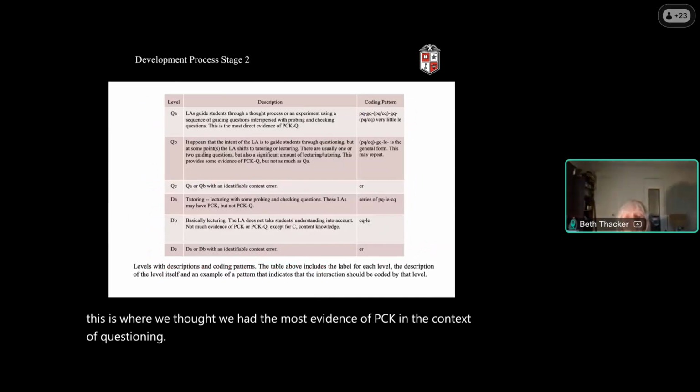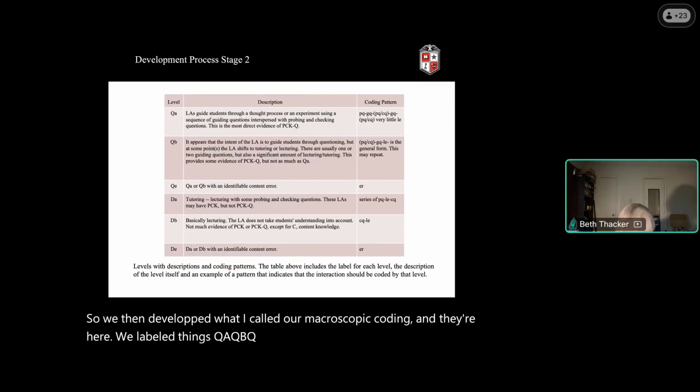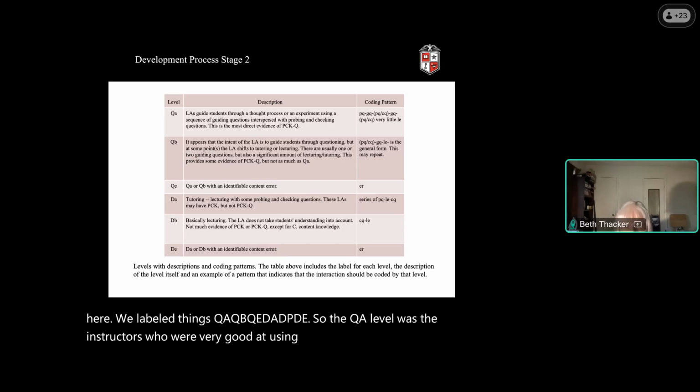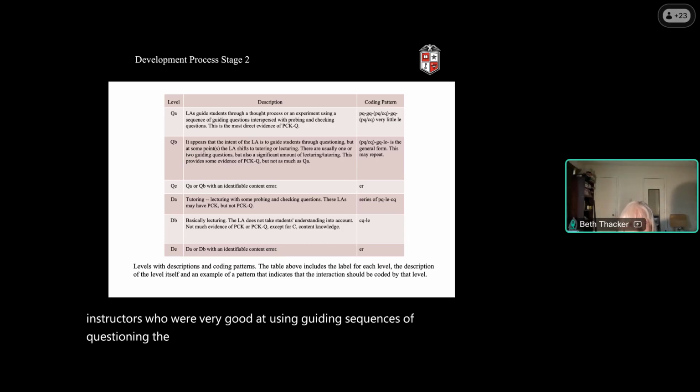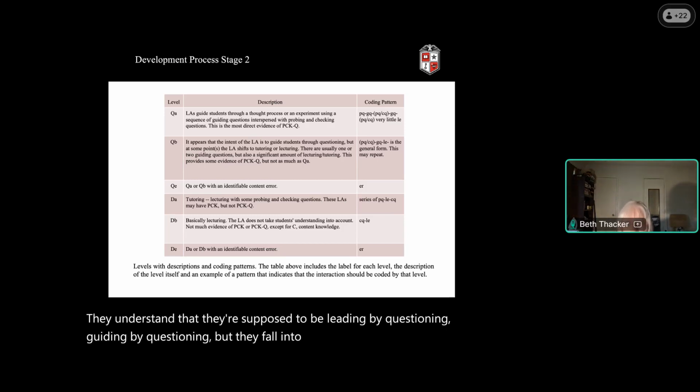So we then developed what I called our macroscopic coding. And here we labeled things QA, QB, QE, DA, DB, DE. So the QA level was the instructors who were very good at using guiding sequences of questioning. The QB level, and this is actually where most of our learning assistants ended up, understand that they're supposed to be leading by questioning, guiding by questioning, but they fall into lecturing or tutoring at some point.